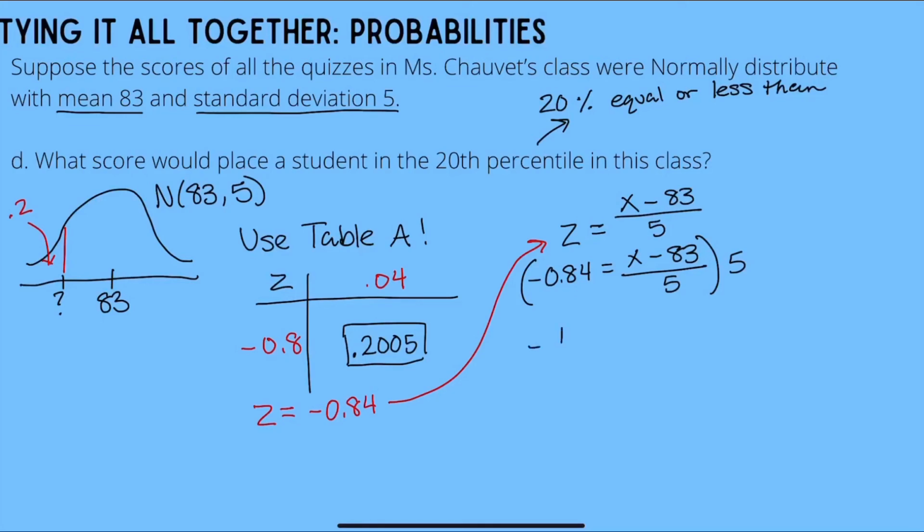And that'll get you a negative 4.2 on the left side. And all we're left with is x minus 83. So we can just add 83 to both sides. So if we add 83 to both sides, that'll get us an x value of 78.8, which will give us the score of a student who would be in the 20th percentile for this class.